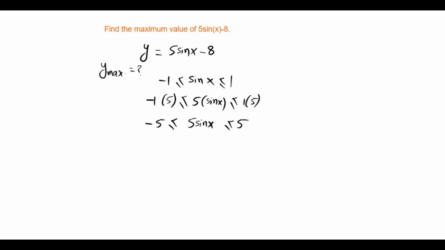Now we have -8 as well. To get this 5 sine x to become 5 sine x minus 8, we need to subtract 8 from all sides. So I will do -5 minus 8. 5 sine x minus 8 would be 5 minus 8. -5 minus 8 is -13. 5 sine x minus 8 is our original function y.